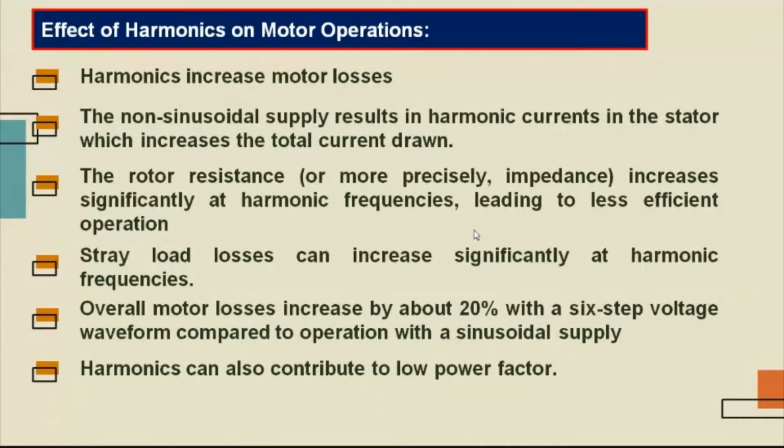So it is not advisable to have more losses in the motor side, because if there are more losses, then the current drawn will be more, and the per unit cost of the particular product which the manufacturer is manufacturing will also increase. And because of all this, the product will lose competitiveness in the market. That's why all these technical parameters are very important in any industry.